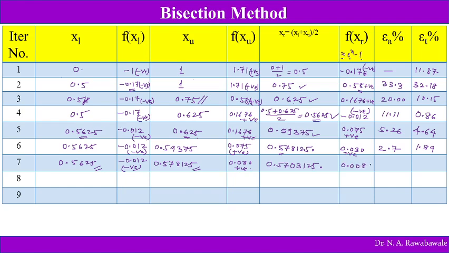And if we want to find the approximate error, it is the previous approximation minus the new approximation.